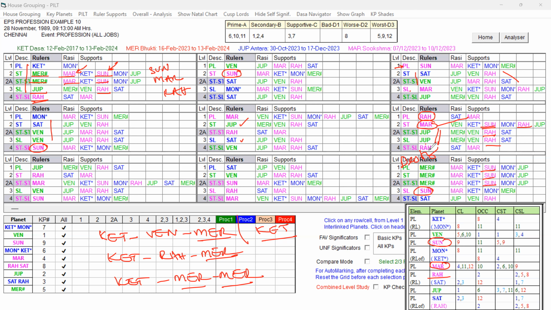It is also supportive, and Jupiter, the Lagna Lord, 6th occupant, signifies 3, 7, 11, 6 as sublord. This is also a good key planet for the promotion. And Saturn, 2, 3, 12, 1, and 7, is okay, but it is the 12th occupant; there is no 6, 10 or 11 present, only 12. So this is not very strong. And Mercury is also good only, but because of the 8 and 12, it is not strong enough. 10 is fine at the sub level, but 8 and 12 are not good.